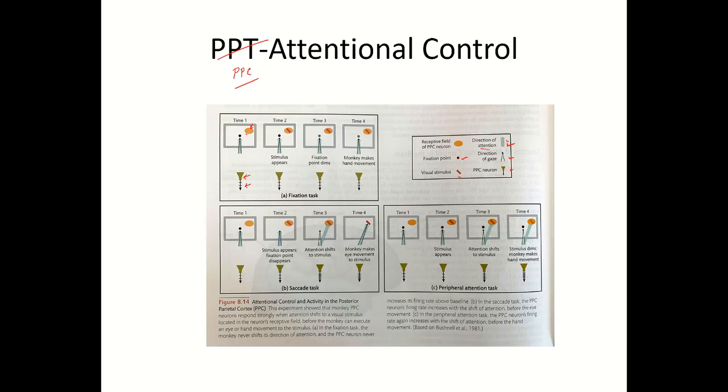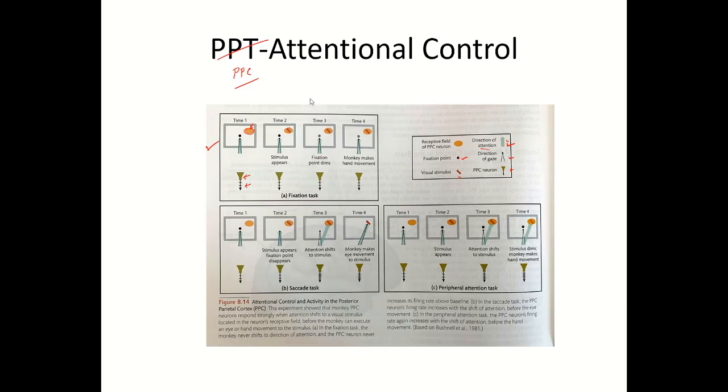So in this box here, you see that the monkey fixates its eyes on the fixation point in the center, that dark point, and this is the receptive field of that recorded neuron here, and a stimulus appeared inside the receptive field.